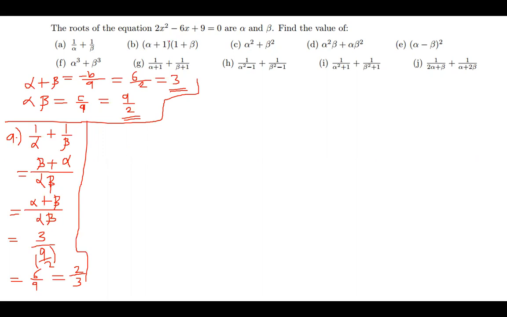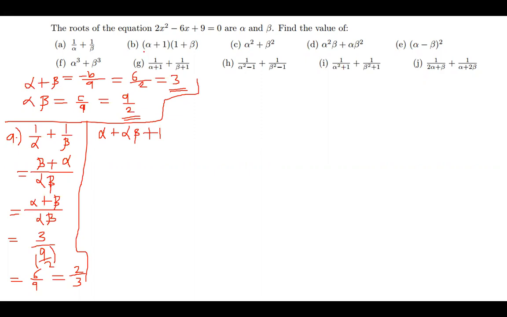Okay, so we move on to the next part. This part is also simple. What you do is you just multiply this and that. When you multiply the two, you're going to get alpha, plus alpha beta, plus 1, plus beta.